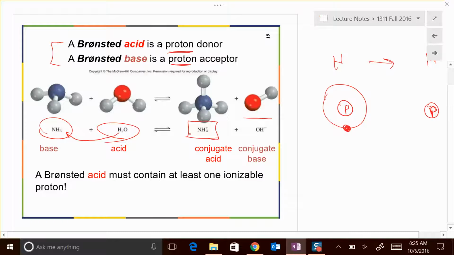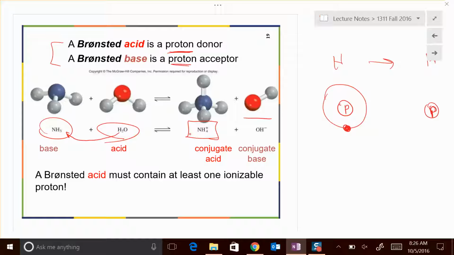Now when we look at this, and we see that we have ammonia over here and ammonium over here, we say that these are conjugates. This is the base, and this is its conjugate acid. If you're a base, you have a conjugate acid. If you're an acid, you have a conjugate base.